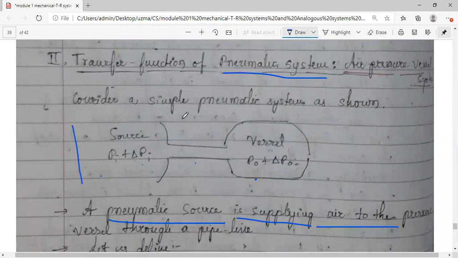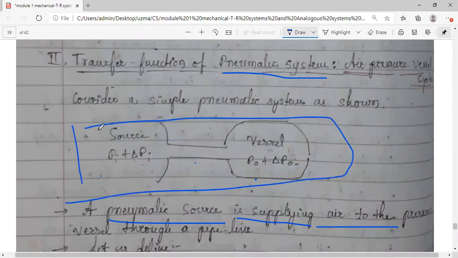You can look at this system. You're supplying some air pressure, PI initially, and some air is being stored with some pressure at the vessel, so that is P naught. PI and PO, input and output.